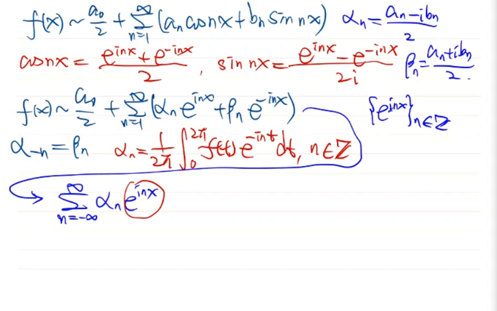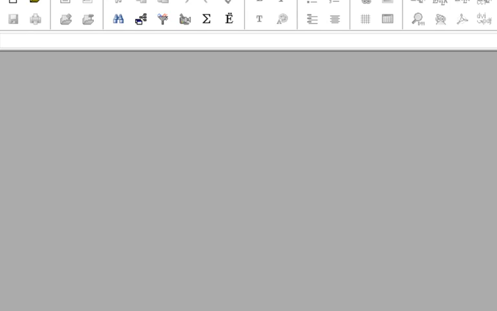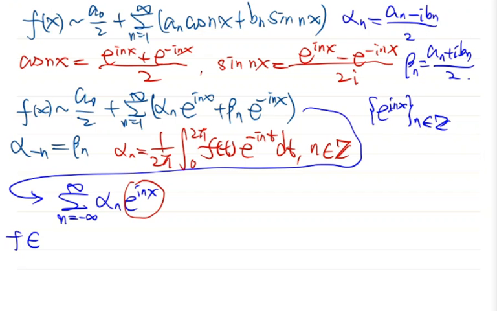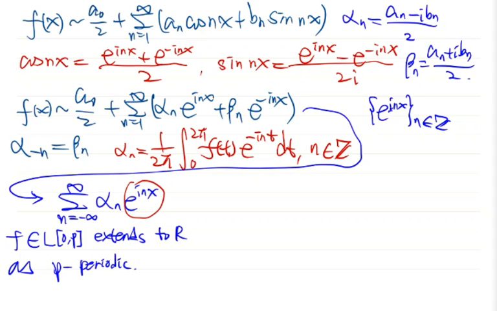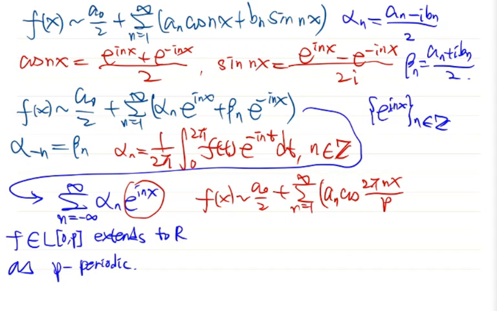If the function is not 2-pi periodic, say f is p periodic, that is, f is integrable over 0 to p and extended to R as a p periodic function, then similar to the 2-pi periodic case, we have f(x) is a half of a0 plus the sum from n equals 1 of an cosine 2 pi nx over p plus bn sine 2 pi nx over p.